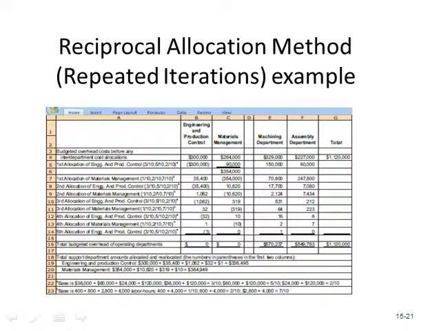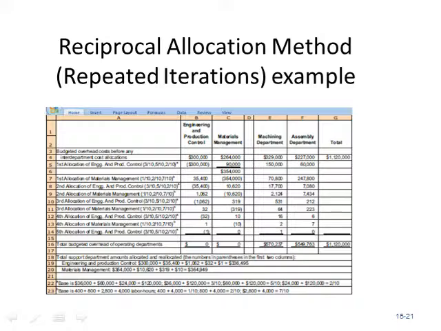And so we hear that this is a much more complicated allocation methodology, and we can see from our simple spreadsheet here that this becomes an iterative process whereby multiple iterations are repeated in order to get cost allocated out completely. But at the end of the day, as we see on line 16, the service departments, engineering and production control and materials management, are allocated out completely to 0 to the machining and assembly.